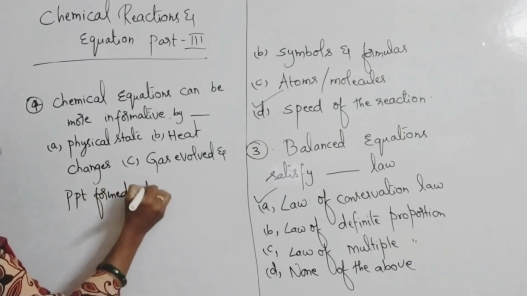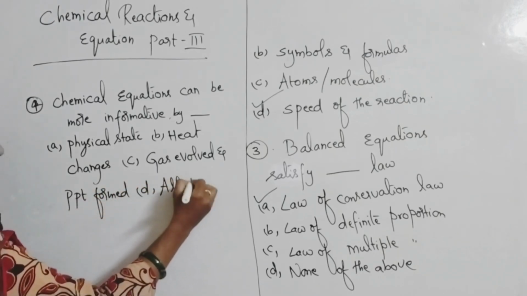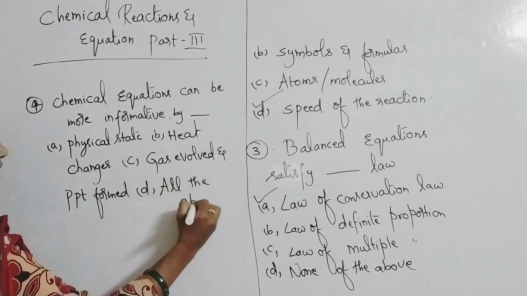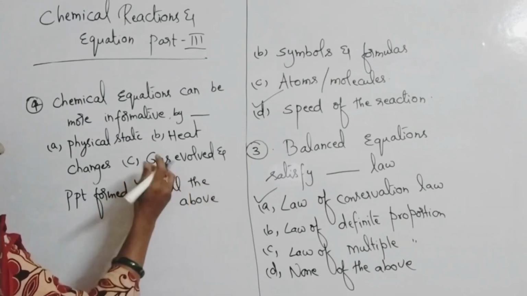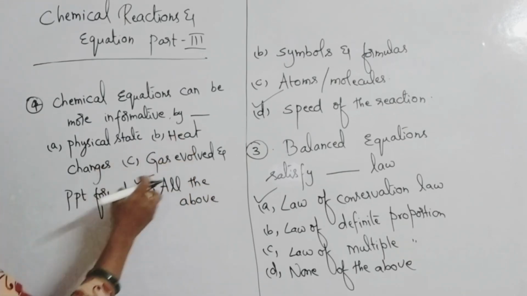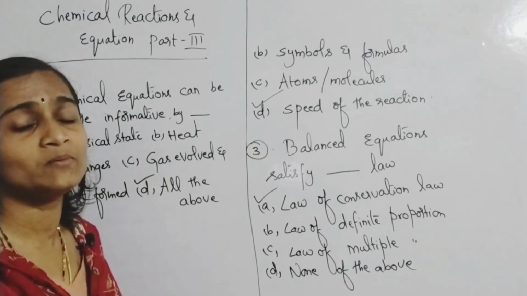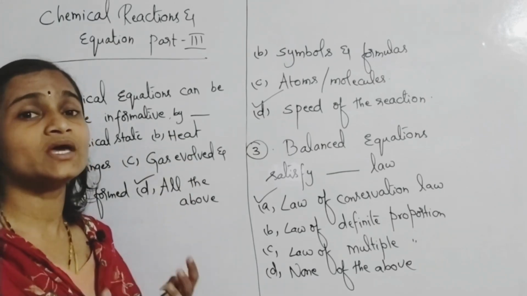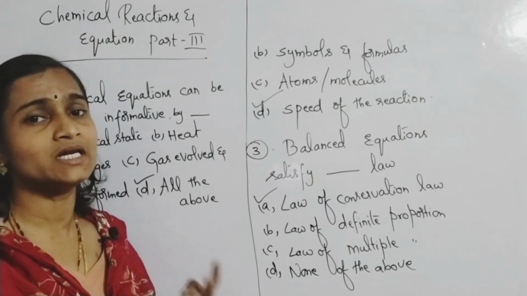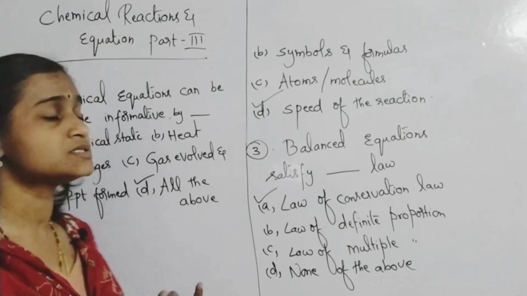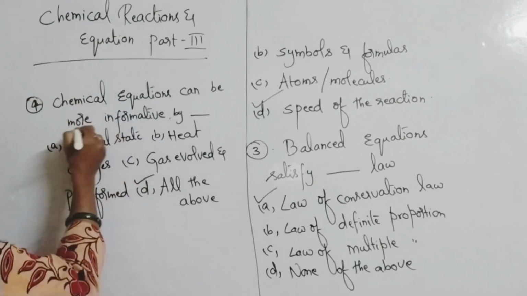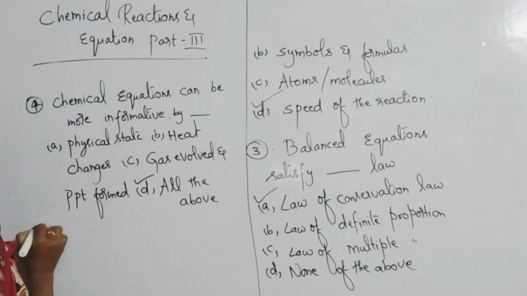And option D, all the above. So the answer is all the above. By using all these symbols, heat energy changes, gases evolved with an upward arrow, precipitate formed with a downward arrow, by seeing all those things, you can easily understand what type of chemical reaction it is, isn't it? So all these things are making the chemical equation more informative.